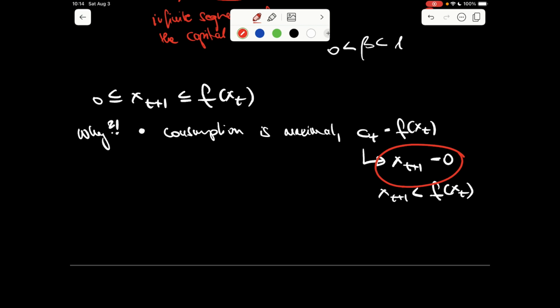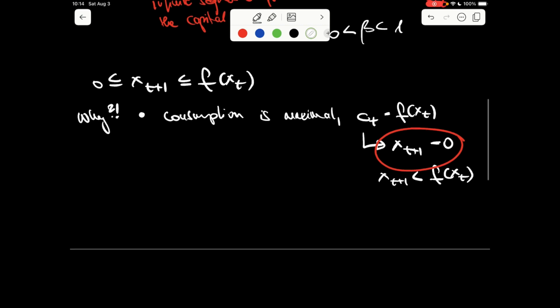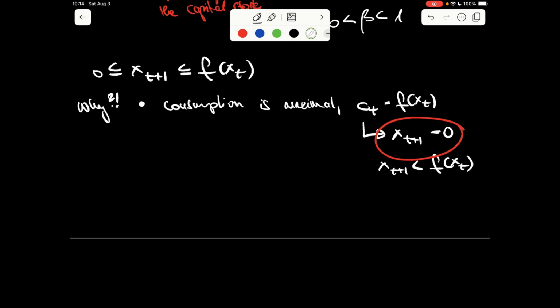And if there is no capital stock left for the next period in any period, then consumption must be 0, because there is no capital stock in the economy. So intuitively, we can rule out this corner solution.